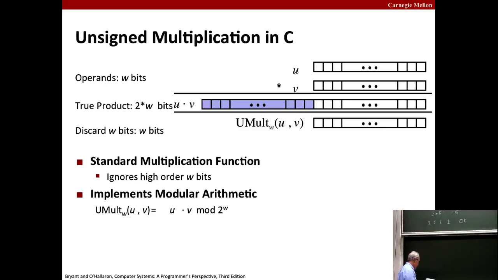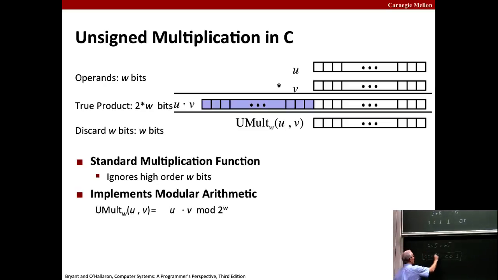But if I multiply 5 times 5, then if I were to think about it as possibly as many as 8 bits, it would have a representation with an extra bit.